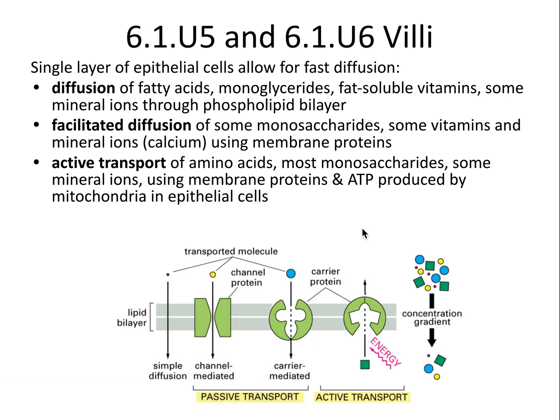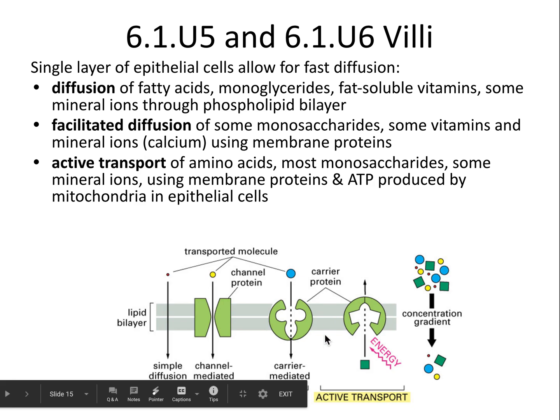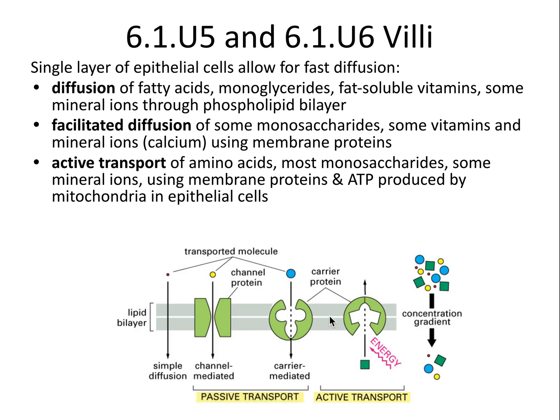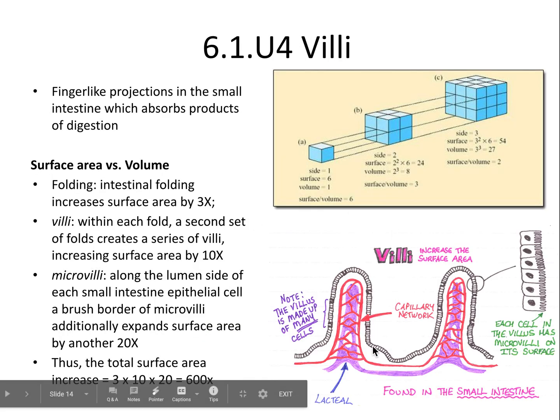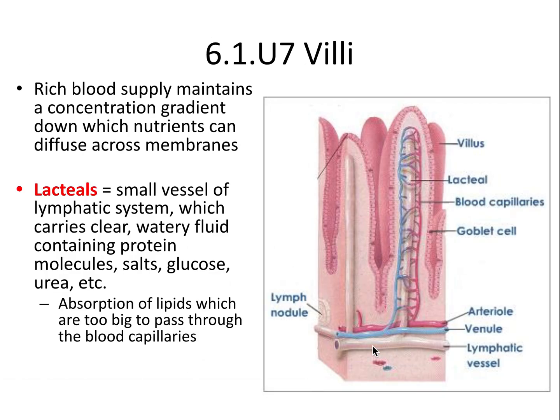Sometimes this has to do with the size of the molecule, and sometimes it has to do with the polarization of the phospholipid bilayer. Right? So it's hard to get things through the center that are polar because the center of the phospholipid bilayer here is nonpolar. So realize there are different ways to diffuse through the phospholipid bilayers of these villi cells, right? Because they each have a phospholipid bilayer.